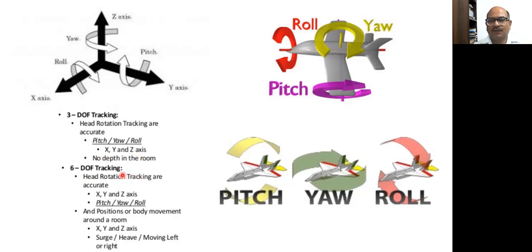But in 6 degrees of freedom tracking, head rotation tracking is accurate, and so are positions or body movement. You can understand that these types of things now take place in virtual reality, where we are designing different games, and we are fixing sensors to see the head movement, the hand movement, or the body movement of the participants.